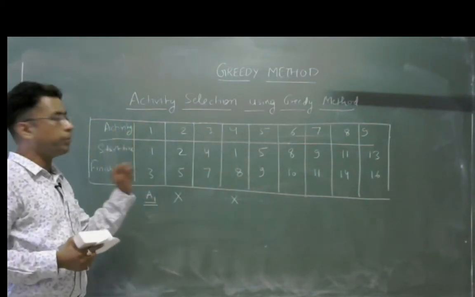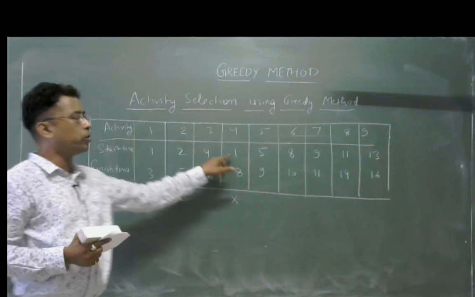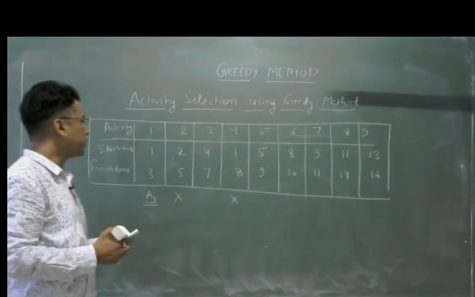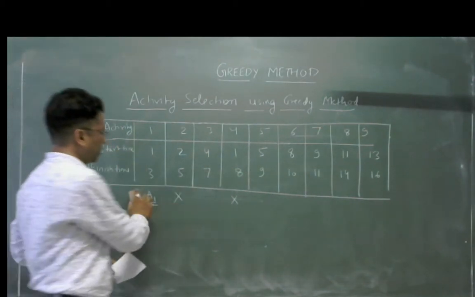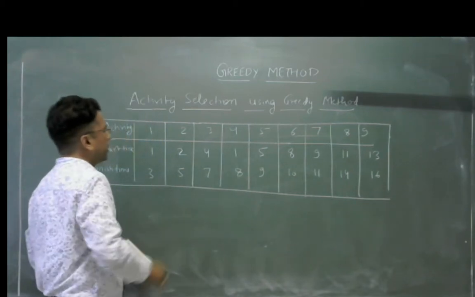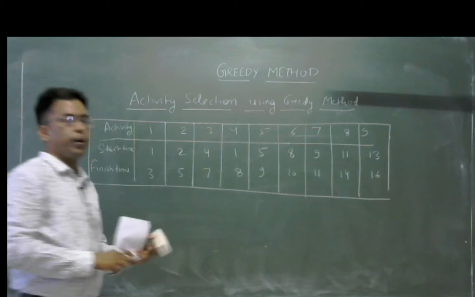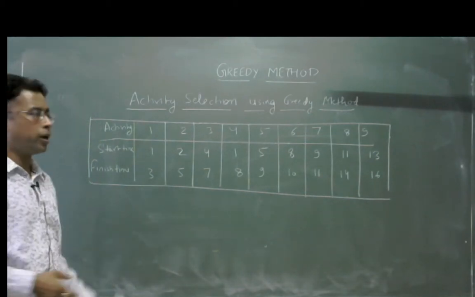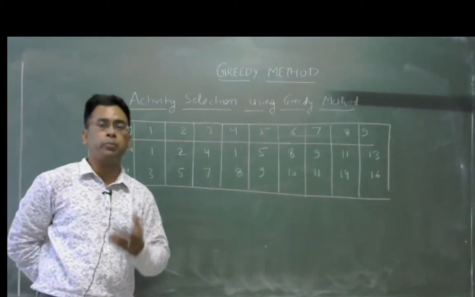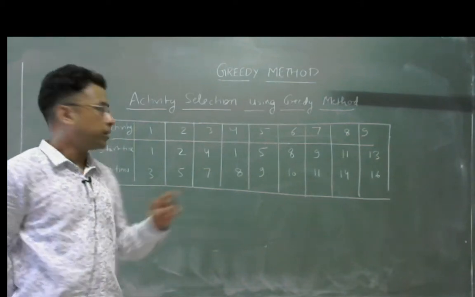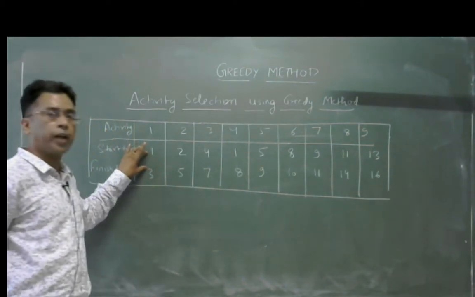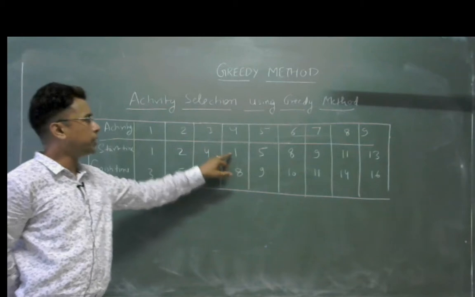Somebody may choose this activity also. In this case, you may opt for 1 to 3 or 1 to 8. But you have to select the maximum number of activities, and here this activity has a time span of 2 and this activity has a time span of 7.